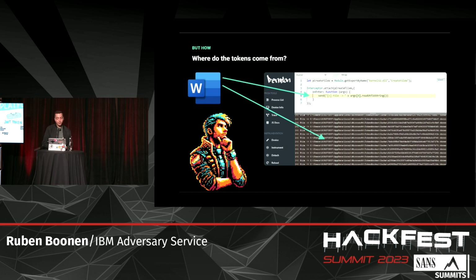What I do here is I hook CreateFileW and I just print the first argument. So anytime CreateFileW is called to either create a file or open an existing file, I get that path. It just prints the path. And so I restarted Word and had a look at the results to see if there was anything interesting there.